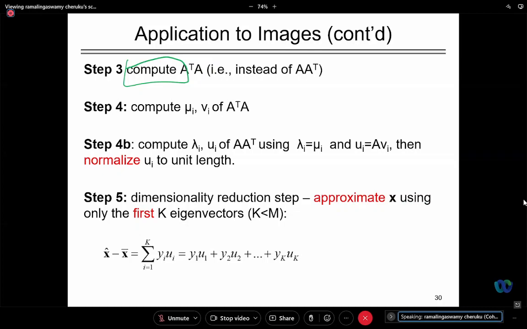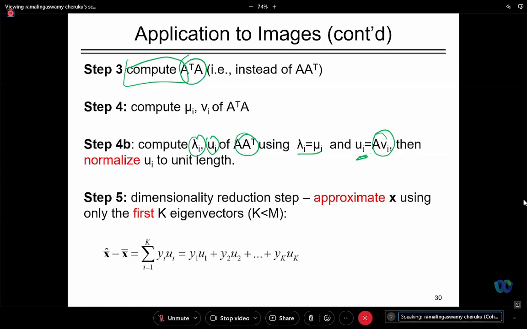So A into v i will be the eigenvector of A into A transpose, obtained from A transpose into A.